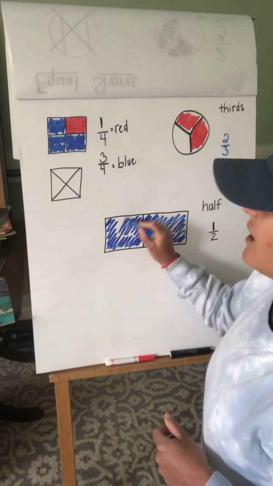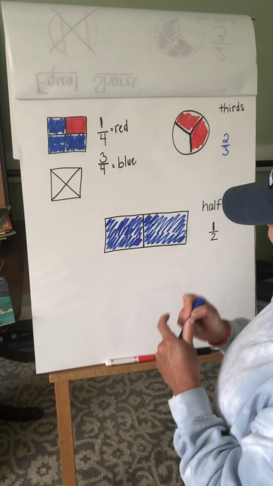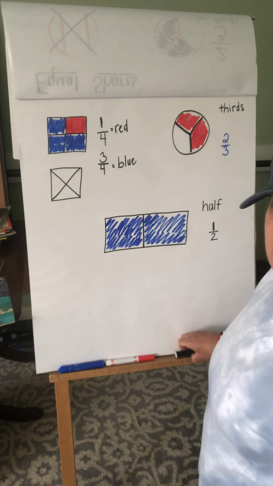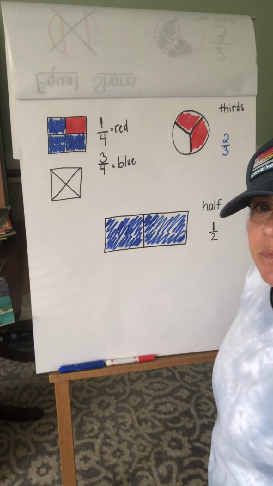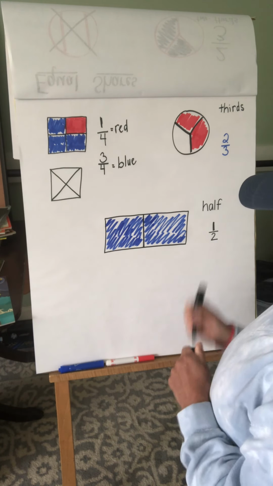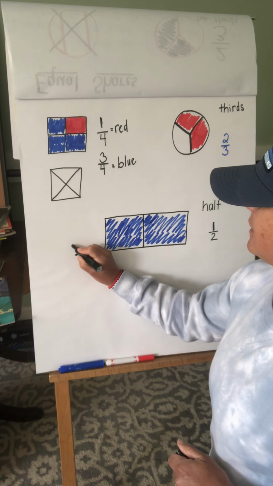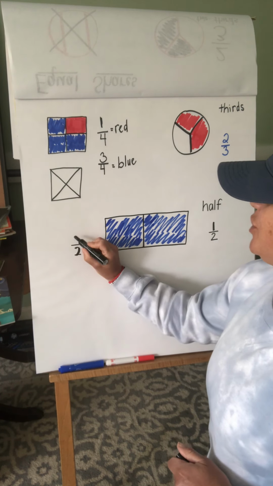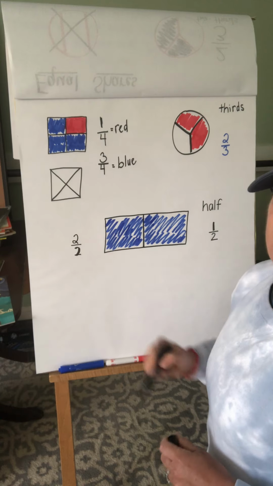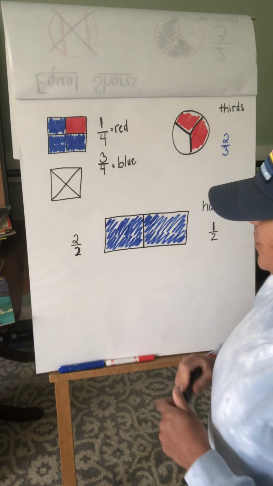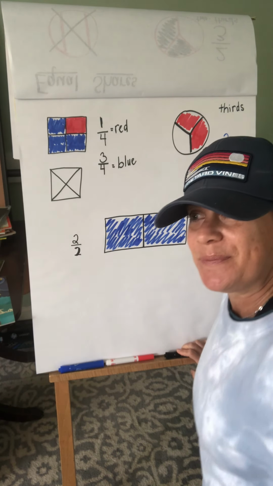This is my quick math coloring, right? How much now is blue? Now I still have 2 parts, but now I have 2 blue parts. So 2 out of the 2 are blue.